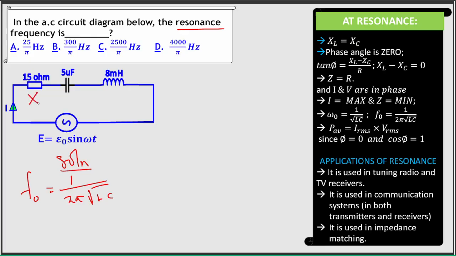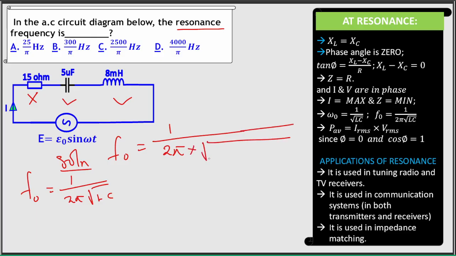Of course, we have no business with this one, just this and this, all right? So f naught will be equal to 1 all over 2 pi times 8 millihenry, which is 8 times 10 raised to the power minus 3, times 5 microfarads, which is 5 times 10 raised to the power minus 6.